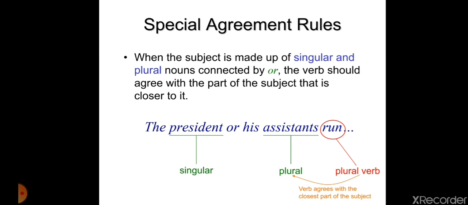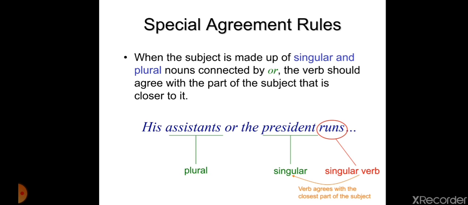The verb can have either of these two, but as a general agreement, the verb agrees to its nearest subject, that is, his assistants, which is in plural form. Therefore, plural verb run.